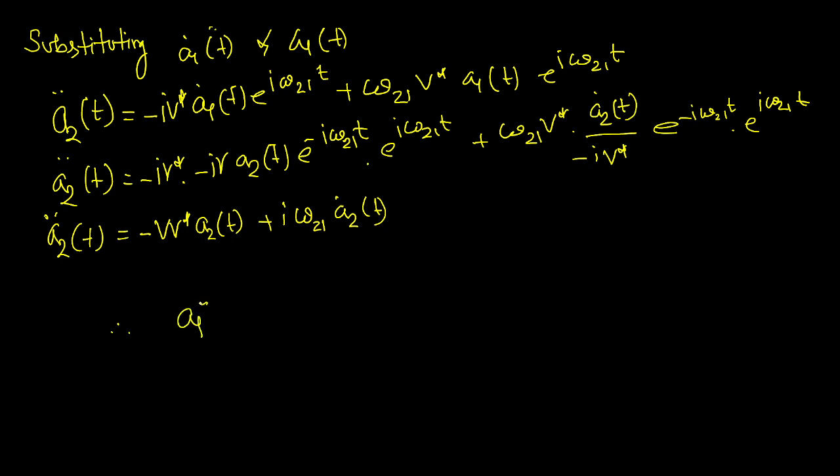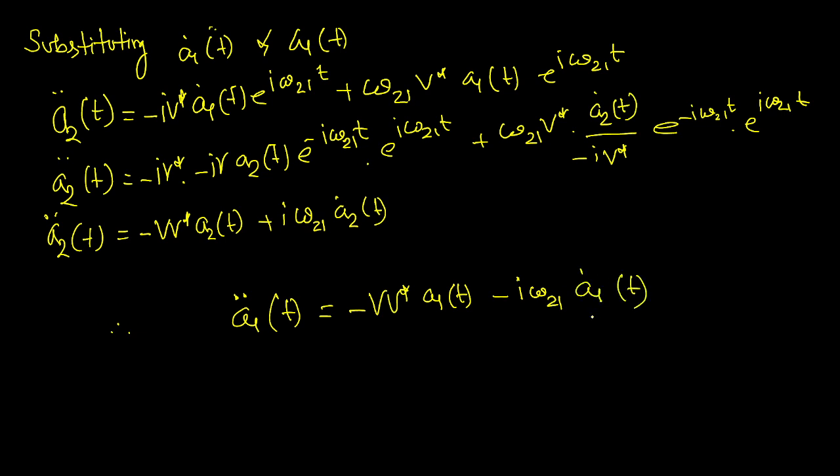Therefore, this is the way to solve this little bit longer and time taking derivation of the coupled differential equation, to get an equation which only depends on one function, one coefficient.